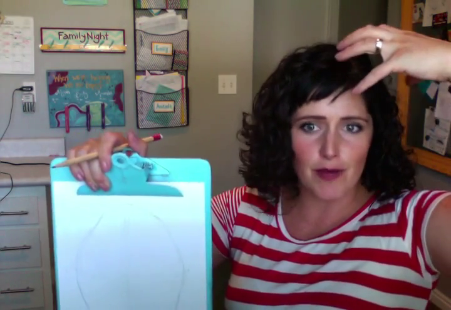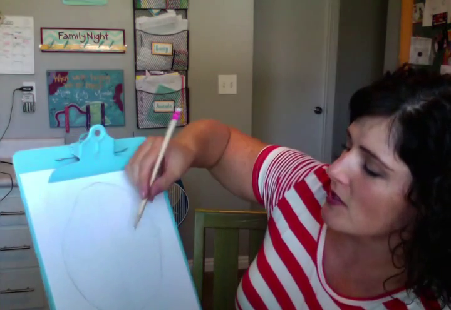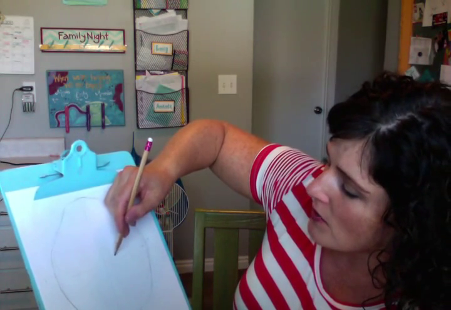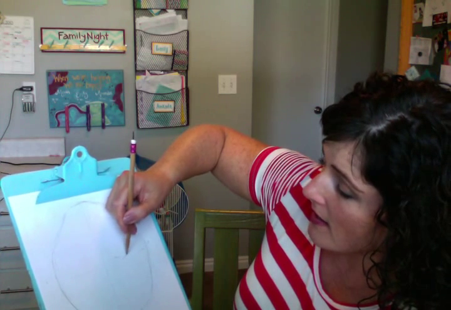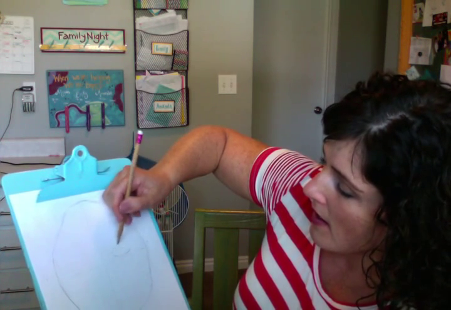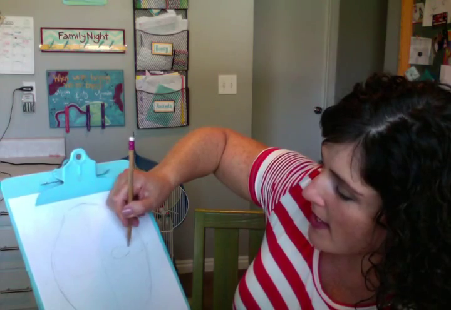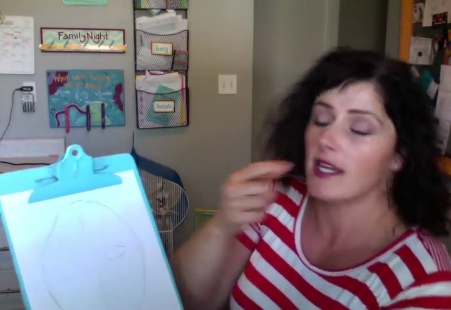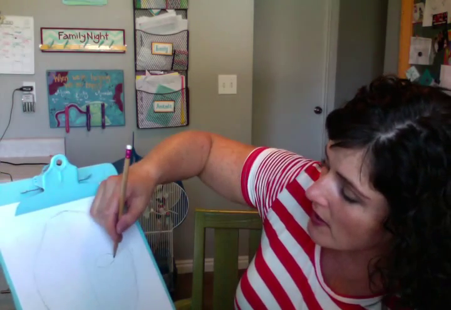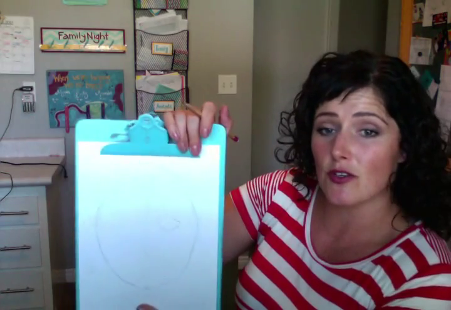No, I've got to have room for my brain. So I'm going to put my eyes just right above that middle line, kind of in the middle here. We can talk about how maybe we make it a football shape, or I notice that mine go down right here.